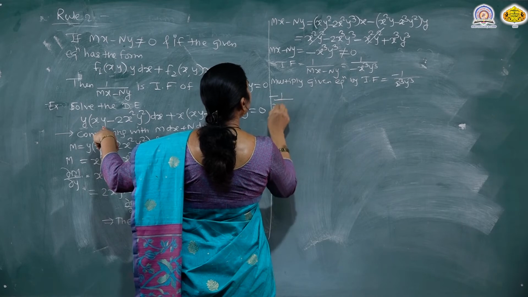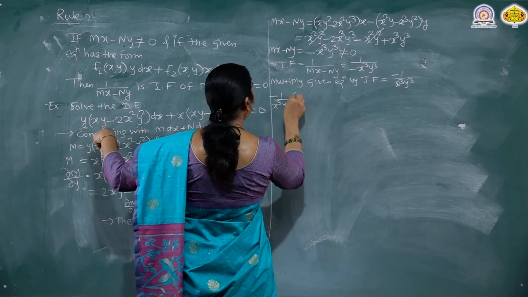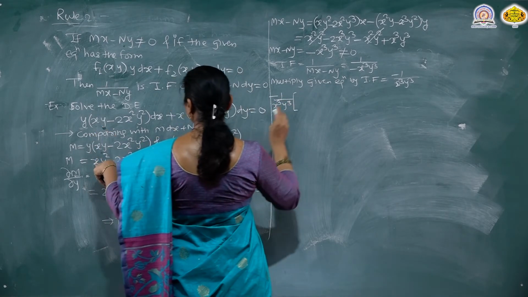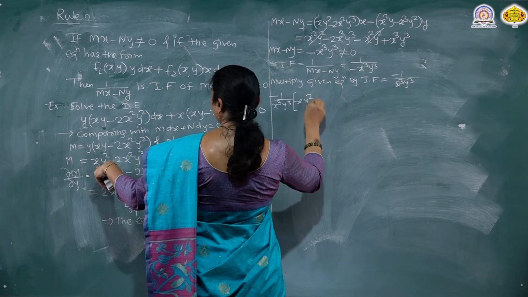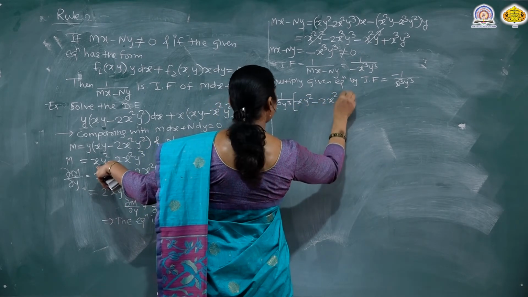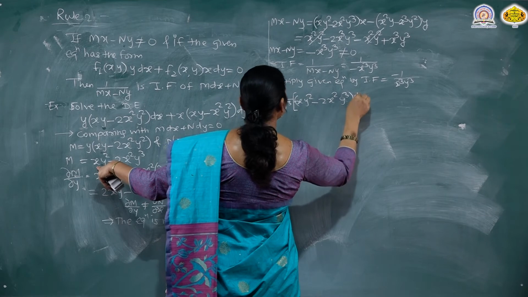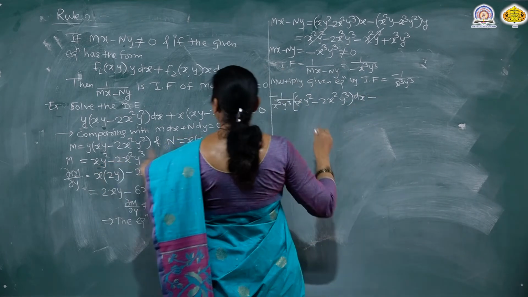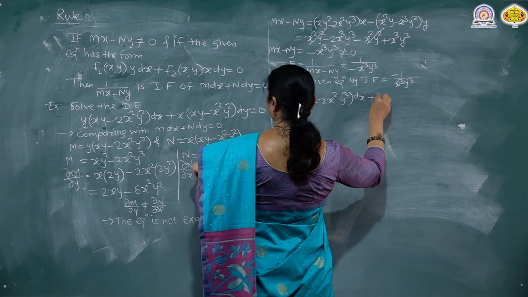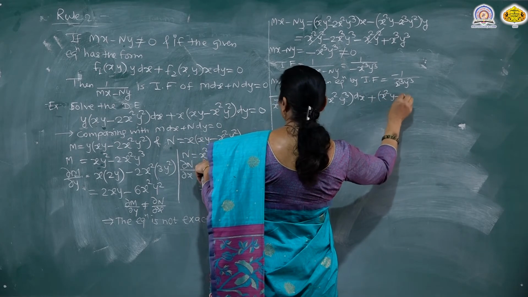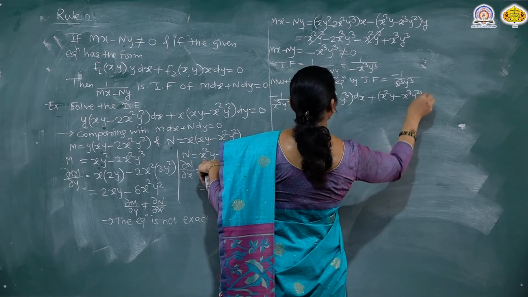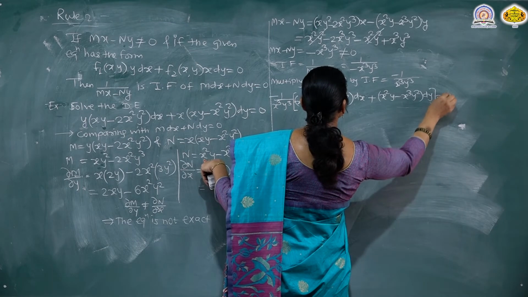Therefore, minus 1 upon x cube y cube into bracket (xy square minus 2x square y cube) dx plus (x square y minus x cube y square) dy is equal to 0.